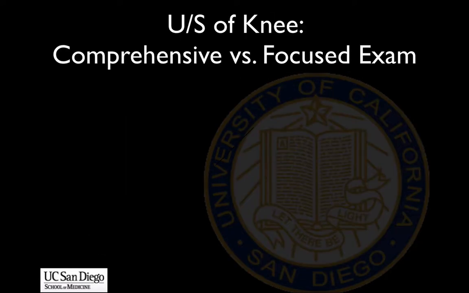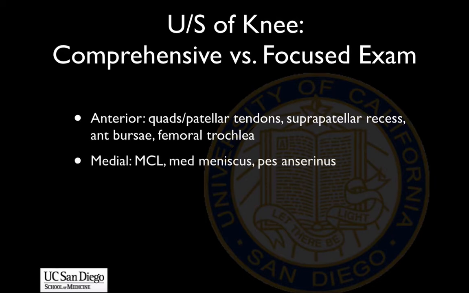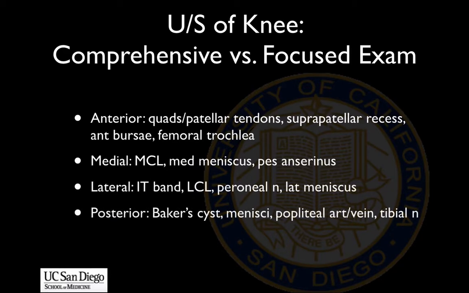Now, when we talk about the knee exam with ultrasound, one must consider there are circumstances that would dictate that sometimes a comprehensive exam is indicated as opposed to a more focused exam, depending on the clinical scenario. A comprehensive exam of the knee would involve ultrasound of the 4 quadrants of the knee: the anterior quadrant, the medial, the lateral, and finally the posterior quadrant.